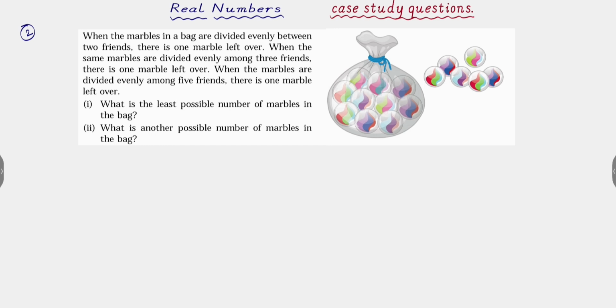Let us take that there are x marbles. When these x marbles are divided between two people, we get one left over. When they are divided among three people, again one is left over.